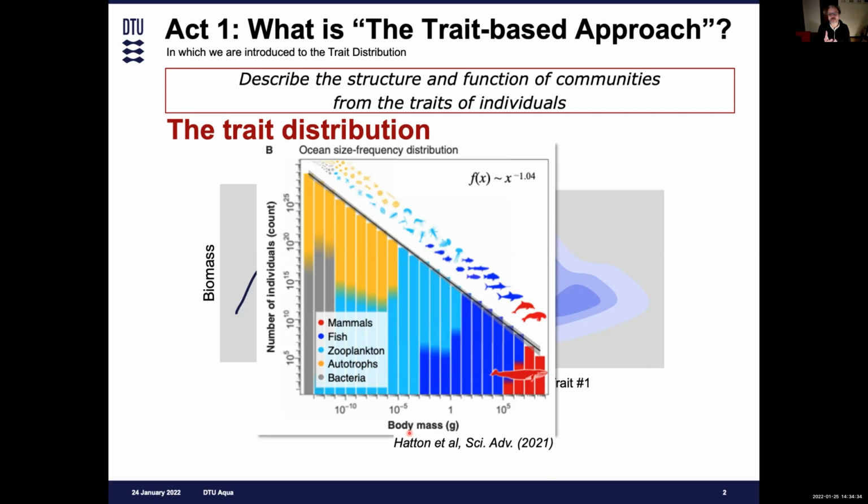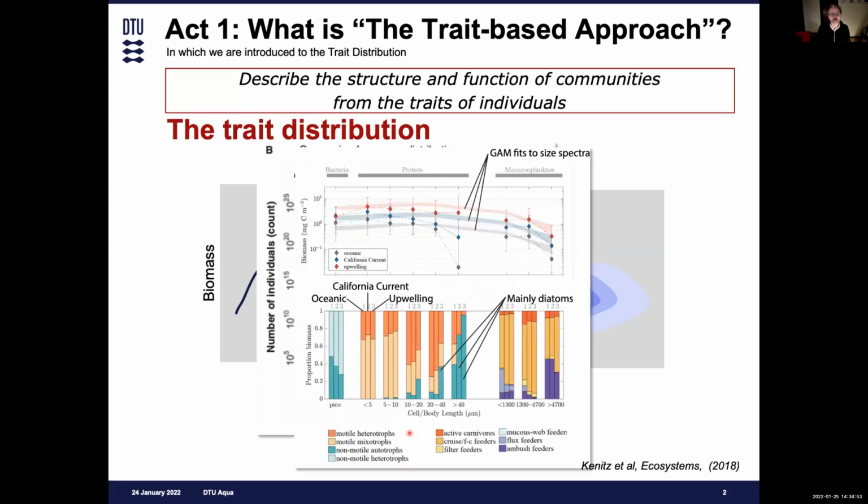Of course, that's a little bit of an odd thing to do because the entire globe is not a community. But in the appendix, I have the same distributions for different places in the ocean. That's something that's been done a lot with the size distribution, but we want to go a little further.